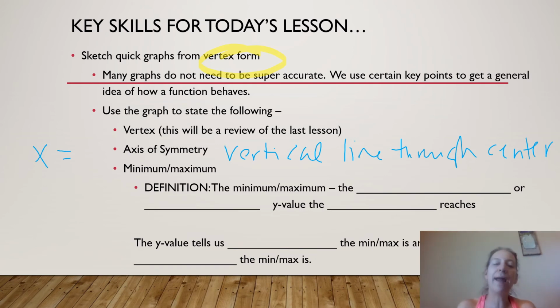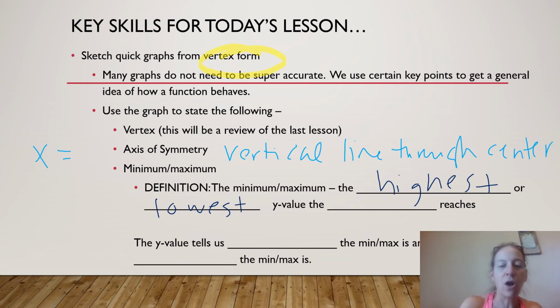And then I want you to be able to state something called the minimum or the maximum. Now, you're all familiar with the words minimum and maximum, and you might think minimum is lowest, maximum is biggest or highest. Okay, minimum might be smallest. So here's the definition. The minimum or maximum value is the highest or the lowest, depending on which one you are finding, Y value that the graph reaches.